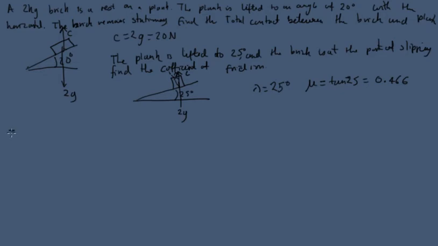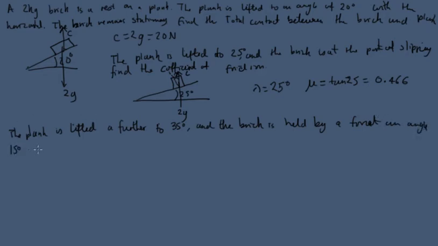Now we are going to imagine the plank is lifted a further 10 degrees to 35 degrees with the horizontal, and the brick is held by a force at an angle 15 degrees above the angle of the upward slope.